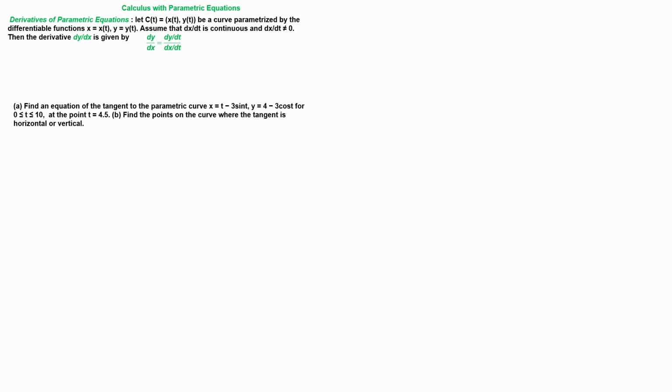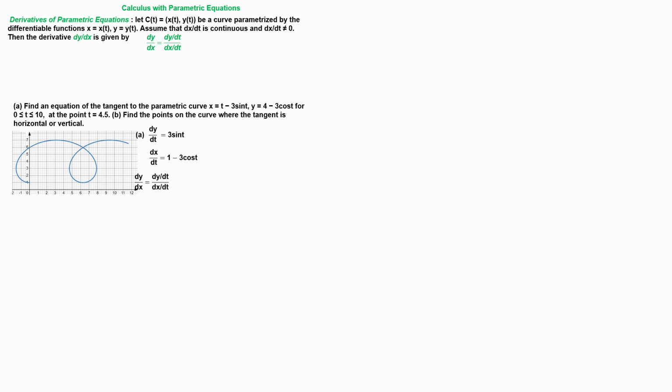The figure below shows the graph of the parametric function in its respective domain. The first step is to find the derivative for each of the parametric equations, and then find the slope at t equals 4.5. The next step is to find the coordinates of the point for which t equals 4.5.